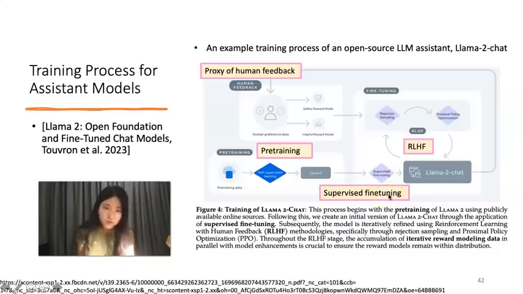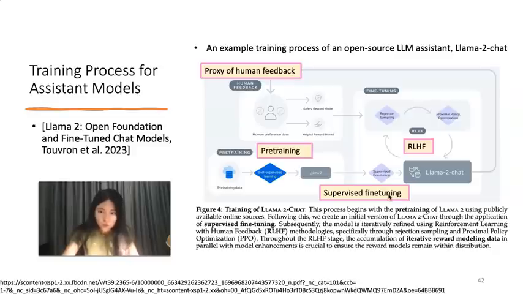The supervised fine-tuning uses demonstrations collected from contractors, which is low quantity, high quality data, and you still apply the causal language modeling objective on this data to get the supervised fine-tuned model.